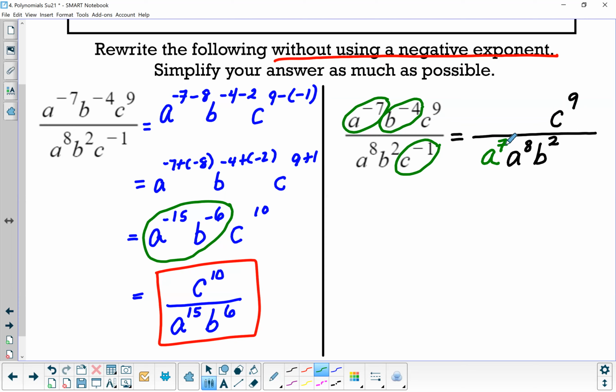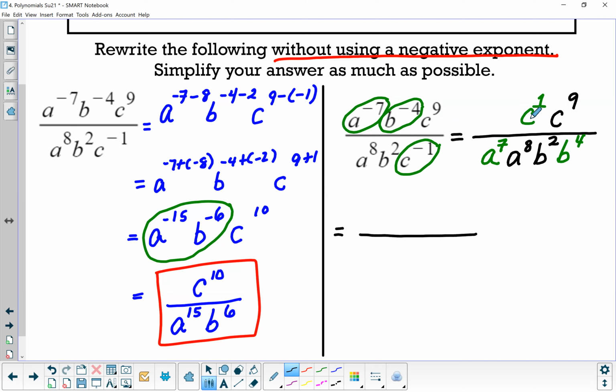B to the negative 4 that was in the numerator is now b to the 4th in the denominator. And then c to the negative 1 in the denominator is now c to the 1st power in the numerator.